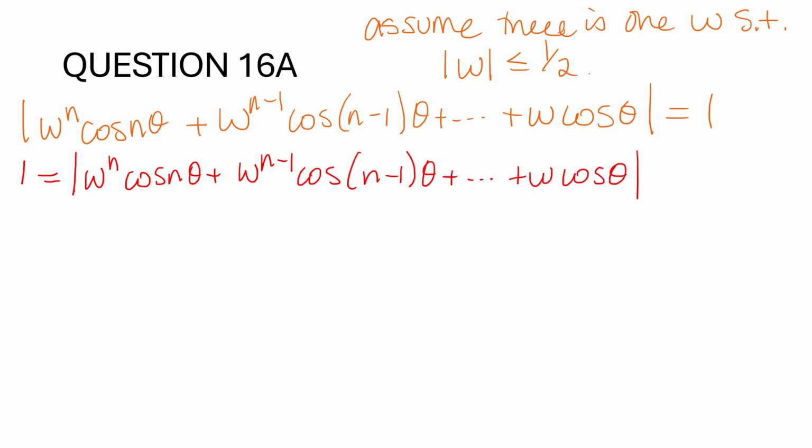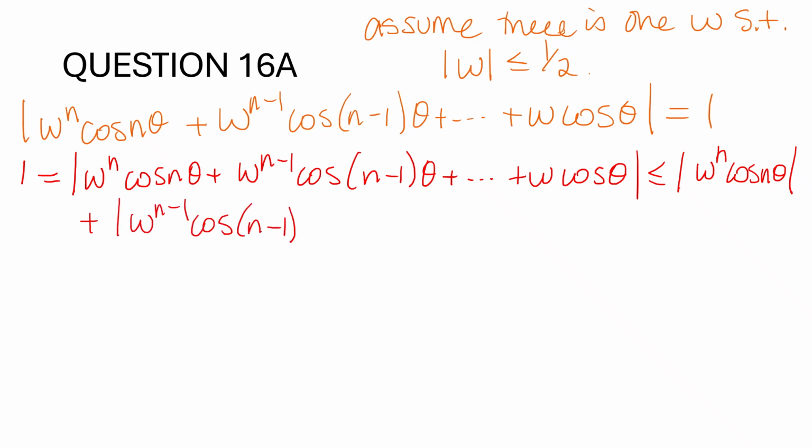And now let's use the triangle inequality. The absolute value of that whole expression, those additions, must be less than or equal to the absolute value of w to the power of n cos n theta plus the absolute value of w to the power of n minus 1 cos (n minus 1) theta plus dot dot dot plus the absolute value of w cos theta. Now let's just use some of our properties of absolute values.